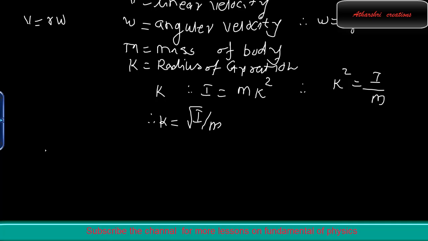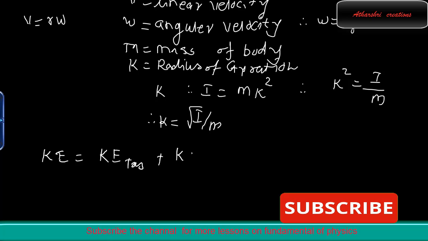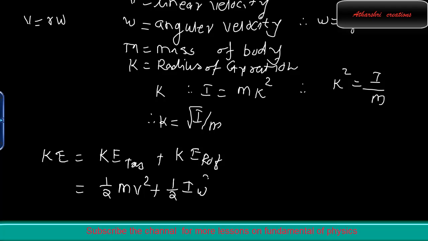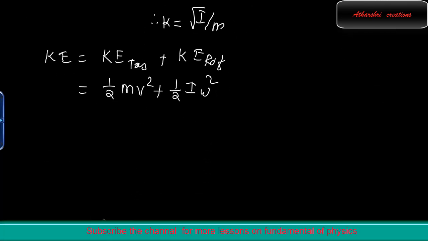Now see, the total kinetic energy equal to kinetic energy in translatory motion plus kinetic energy in rotational motion, which is equal to 1/2 m v square plus 1/2 I omega square. Rotational kinetic energy is given by 1/2 I omega square.